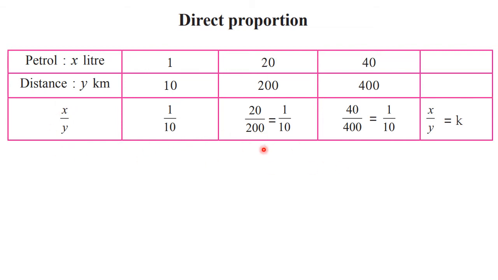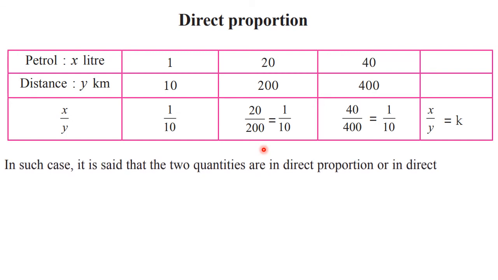So such type of proportion is called direct proportion or direct variation. So keep in mind, direct variation or direct proportion means the ratio is constant or the division is constant. Now let's go towards the next type of proportion or variation, that is inverse variation or inverse proportion.